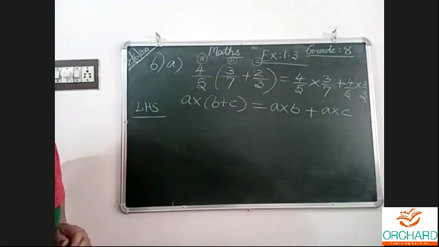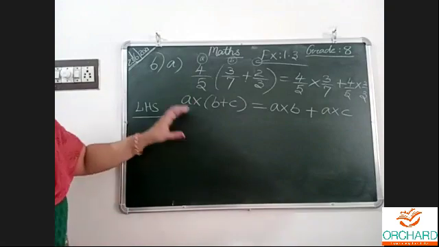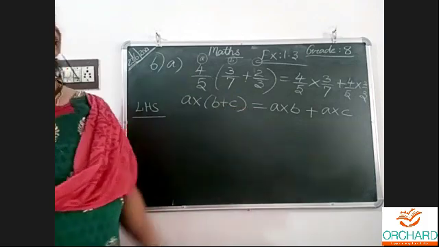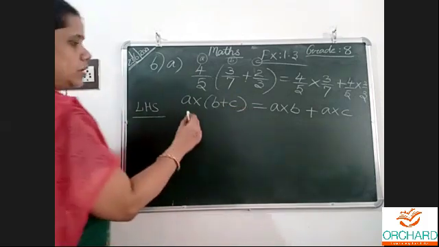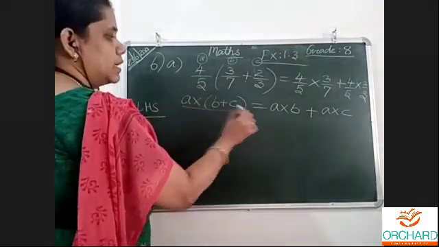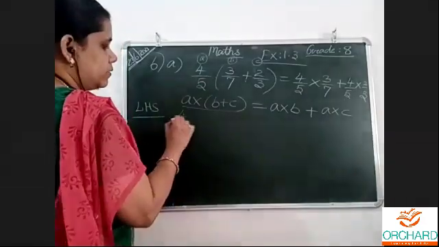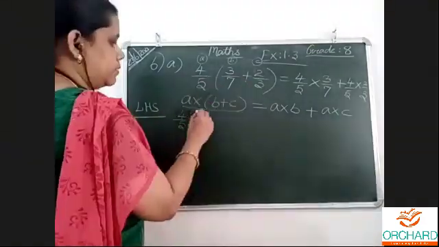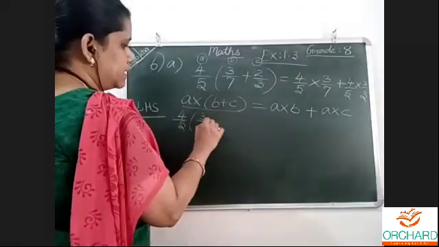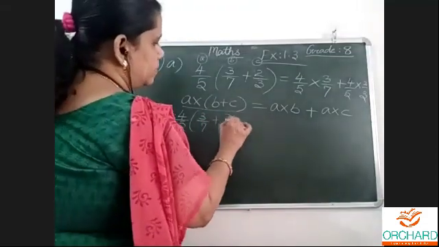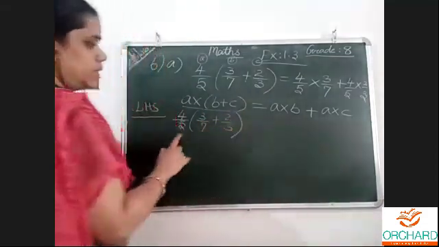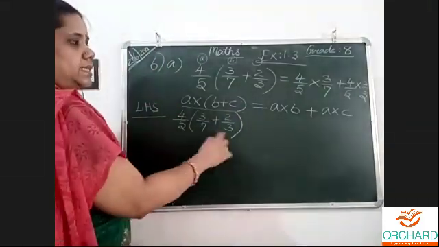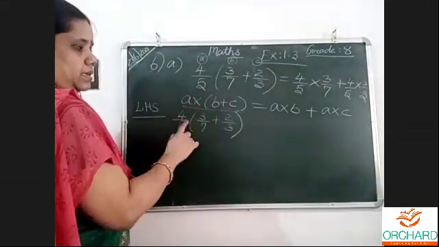Now LHS: A multiplied by (B plus C). What is A? 4 by 5, they gave it in the question itself. We just have to write that, plus 2 by 3. A into (B plus C).